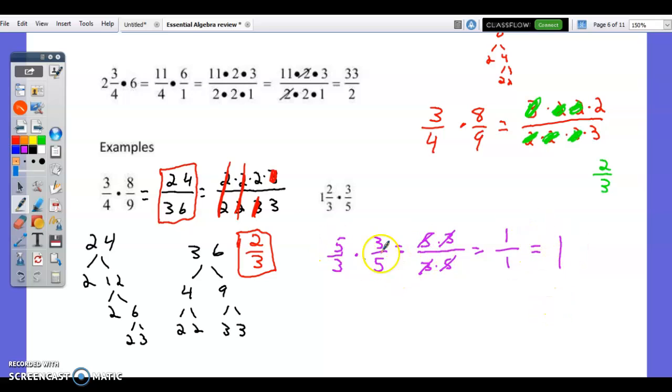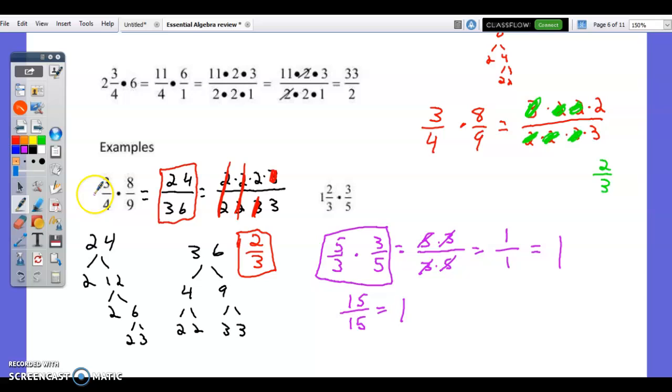Now, if I did not do the shortcut way, and I just went from here, this would give me 15/15, which when we reduce that, you can see they cross out, would also be 1. All right, so those are 2 ways of doing it. We're going to practice with calculators, just typing it in and getting the answer and then reducing that way.